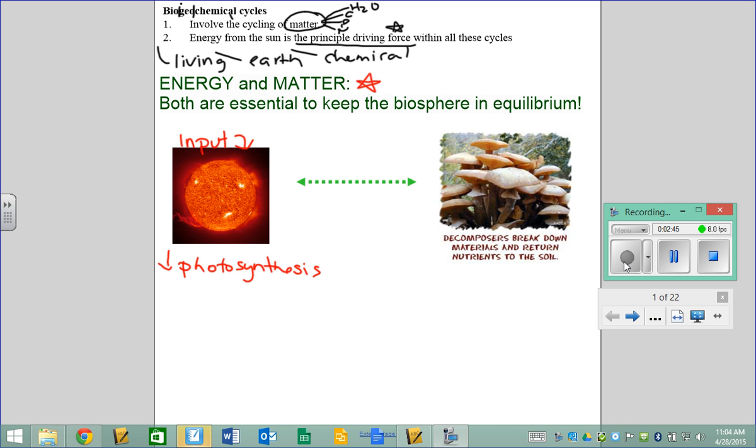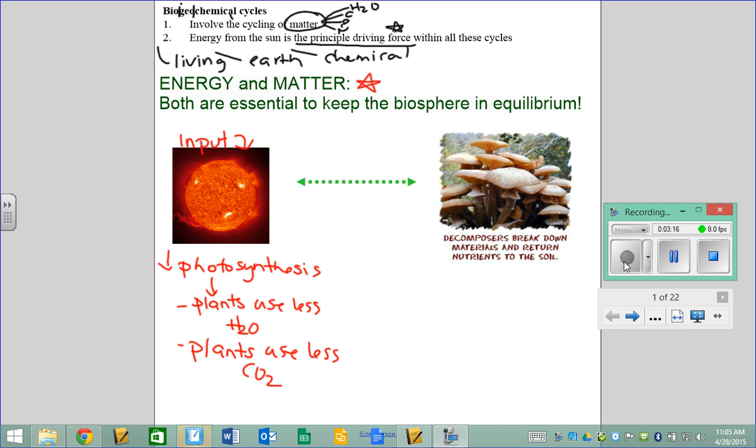If I have less photosynthesis, then plants will not be using as much water. So if plants aren't using water, I've immediately disrupted the water cycle. If I have less photosynthesis, plants will use less CO2. There's an impact on carbon.